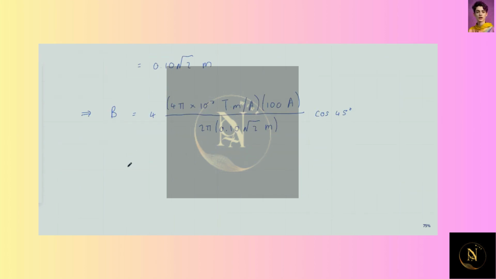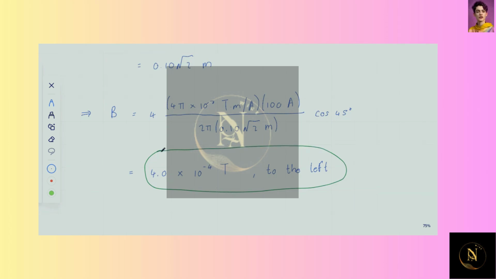So hence we get the resultant magnetic field to be 4 times 10 to the minus 4 Teslas, and this magnetic field, as we showed in the diagram, is to the left. So that's the magnetic field in part C, our third arrangement of the currents.